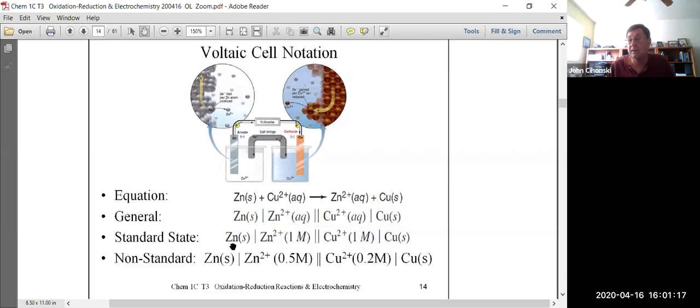And a lot of the standards are exactly the same. The temperature is room temperature, 1 molar solutions, and 1 atmosphere if a gas is involved. We'll talk about that later. Now, whenever we look at the standard state, that is what we're talking about.